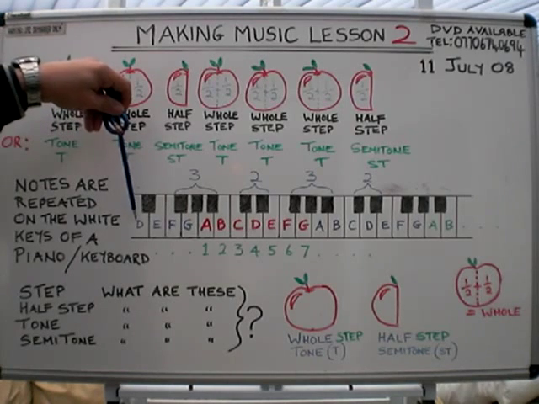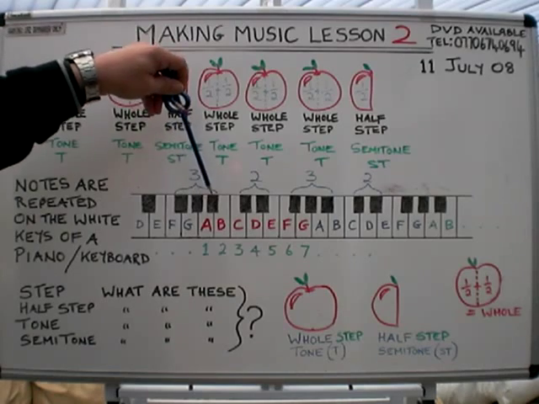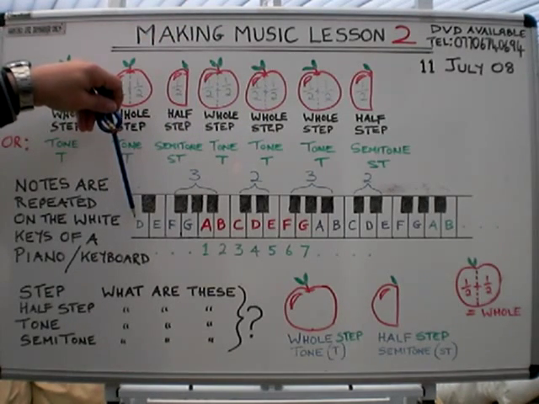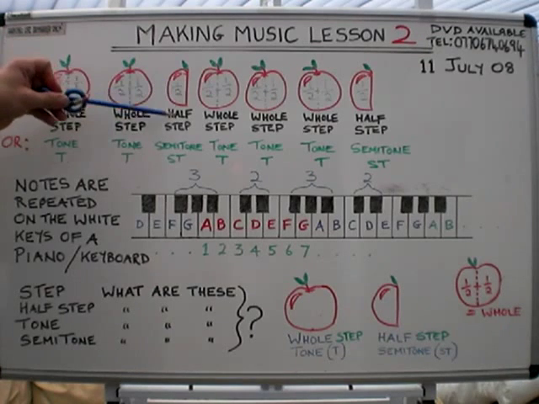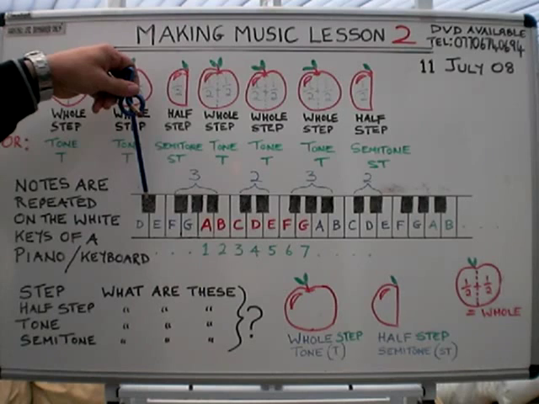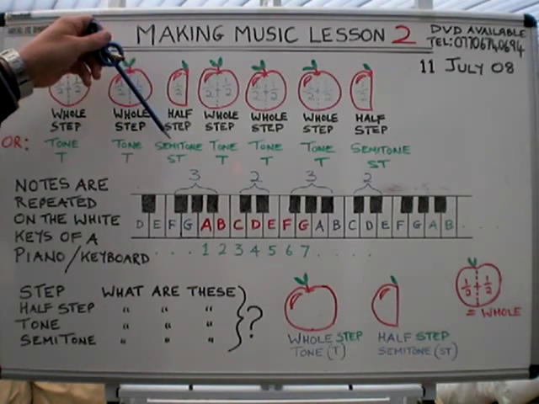So if I go from the D, and this time we're going to include the black keys, okay? We start here, and if we go from the D to the black, we're going half a step. If we then go from the black to the next one, half a step.